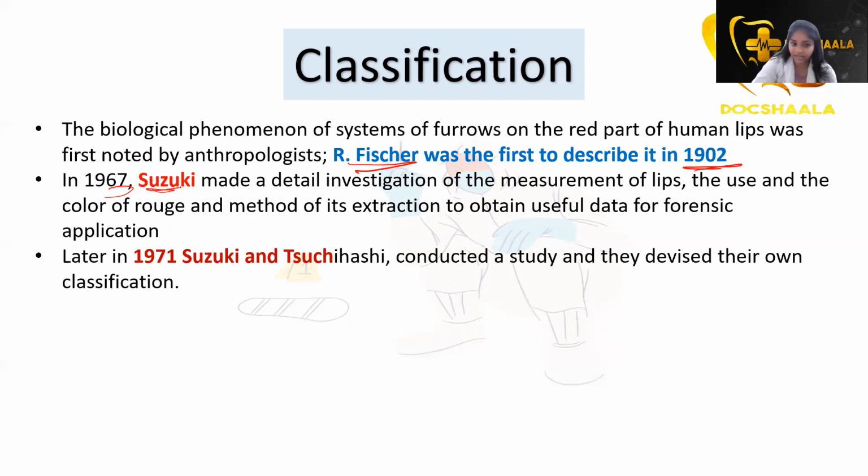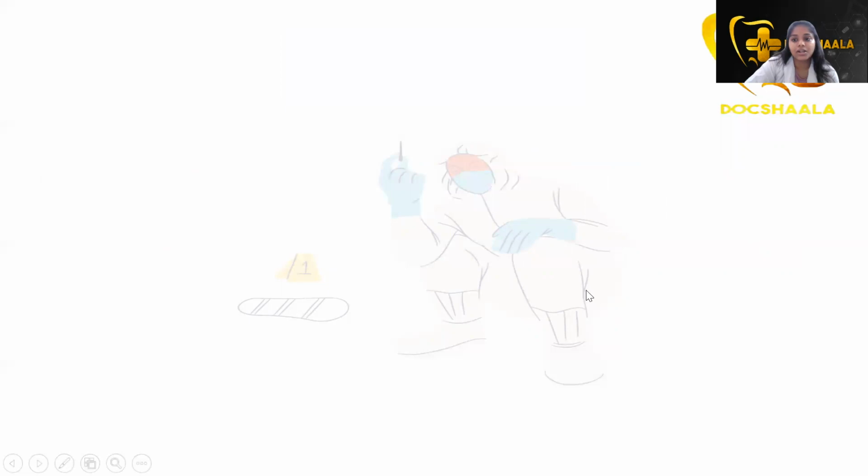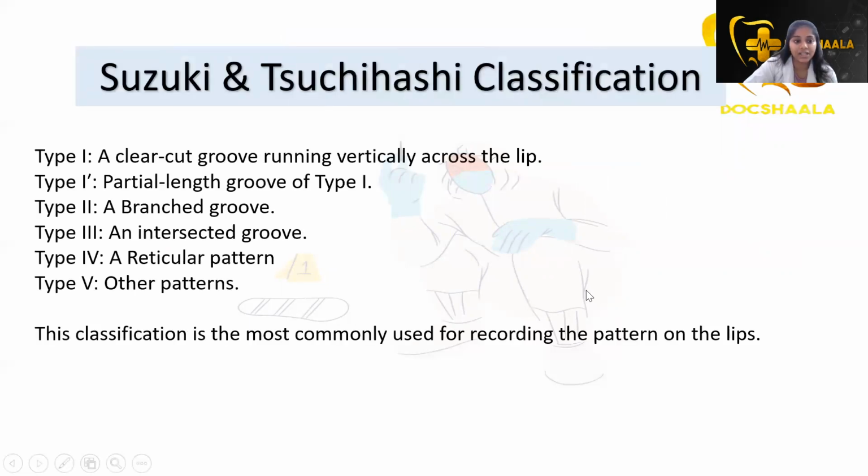In 1971, Suzuki and Tsuchiashi conducted a study and revised their classification of lip prints based on their studies. Let's see what their classification is. It includes 6 types of lip prints: type 1, type 1 prime, type 2, type 3, type 4, and type 5.